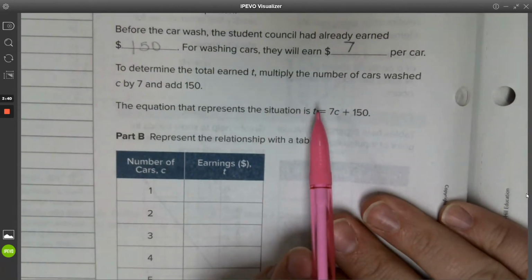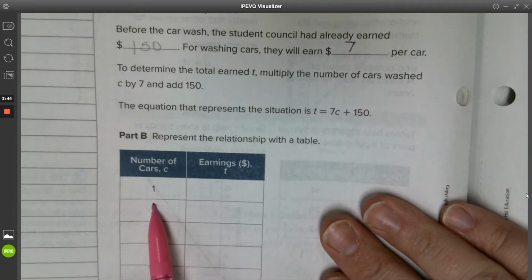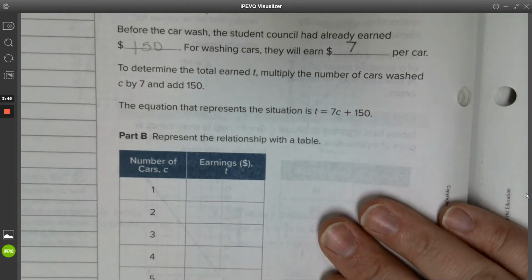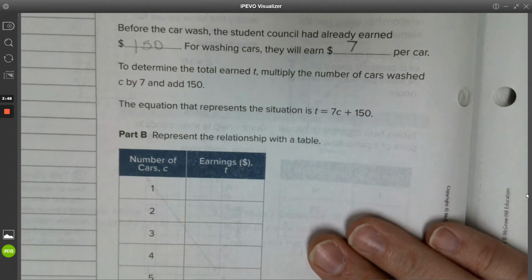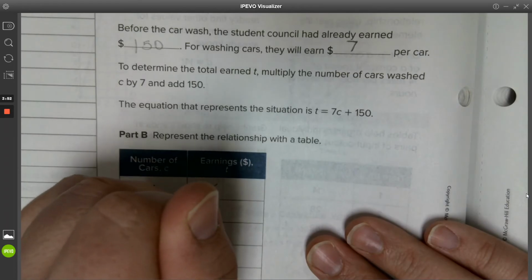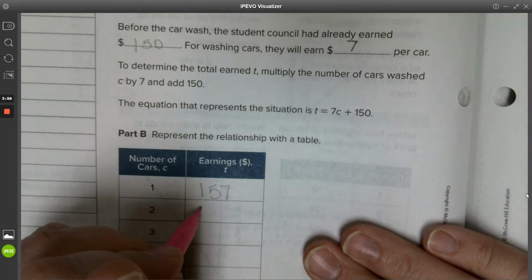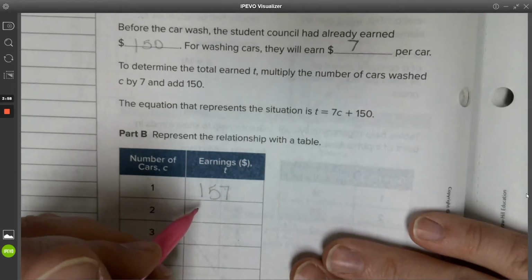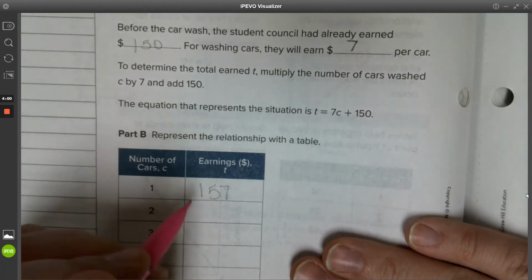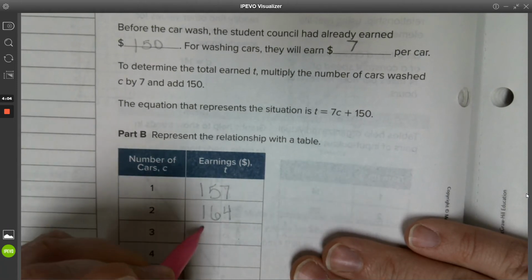So if we have $7 per car, we wash 1 car, we would then earn $7, right? But we have to add that to our 150 so that we would get 157. For 2 cars, we then add another 7 on there, okay? Or do 7 times 2, which is 14. So we'd have 164.